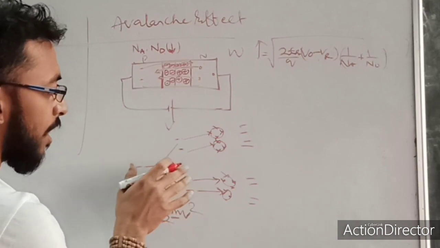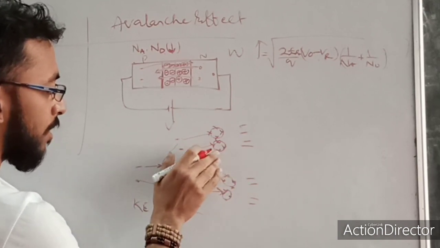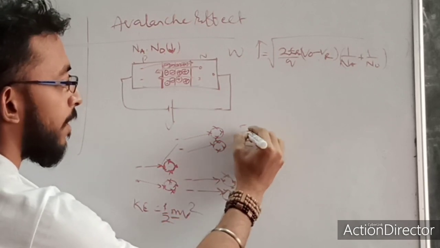With this kinetic energy they move with some velocity and produce more and more free electrons.